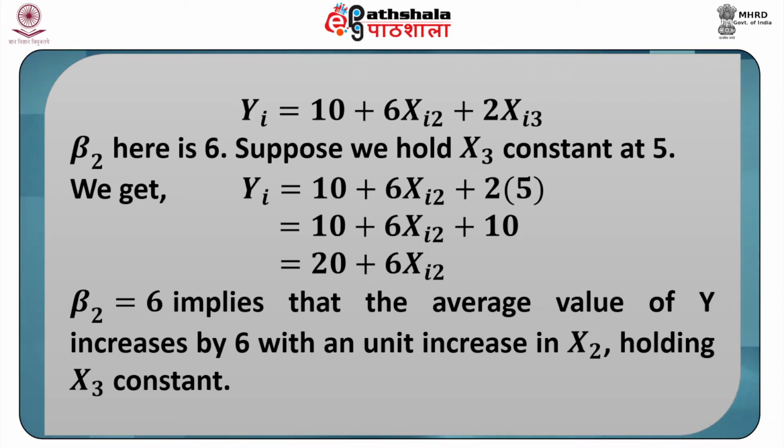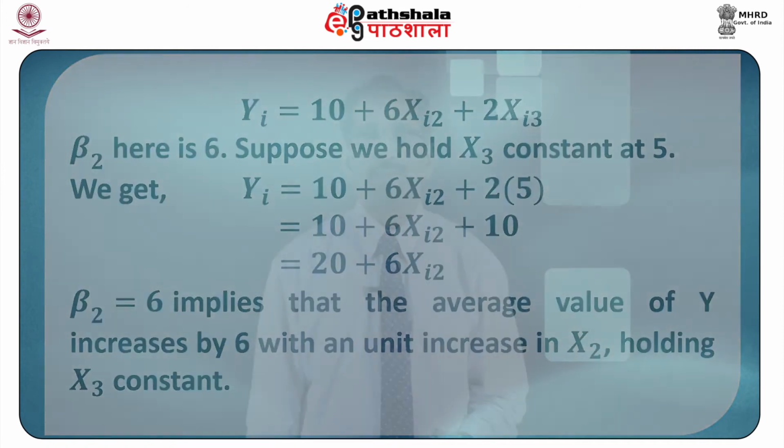The interpretation remains the same irrespective of the value at which x3 is held constant. The value does not affect the slope parameter as it is summed up with the intercept. You must have observed that the value 10 is added to the intercept 10 to give us a new intercept of 20.